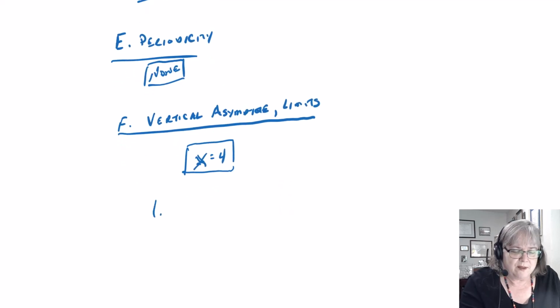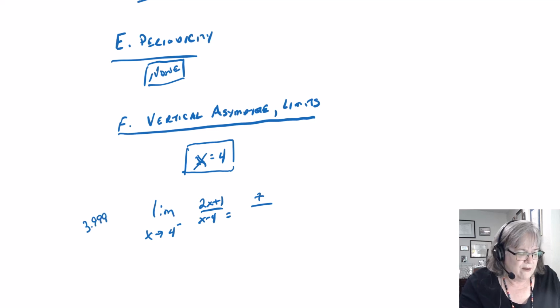So let's talk about the limit as x approaches 4 from the left. You would get a positive number out of the top, and 4 from the left is something like 3.999. So if you have 3.999 minus 4, you have a tiny negative.